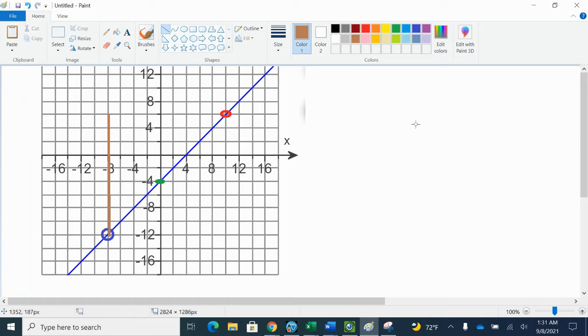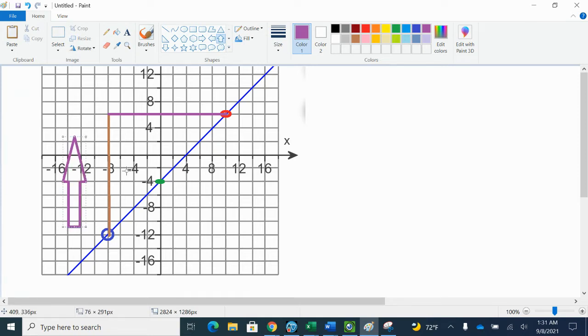Next, I have to choose my horizontal component. My horizontal component, which I'm going to make with the purple line, goes from here to here. See? So again, what is my rise? Well, my rise is this distance that I'm following. So my rise is going up, so it's a positive.